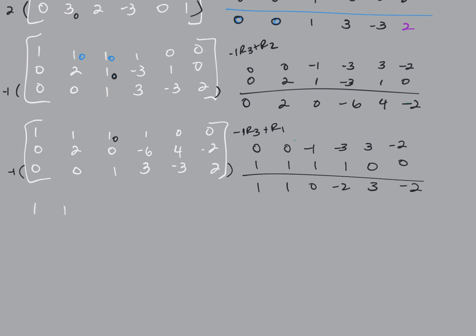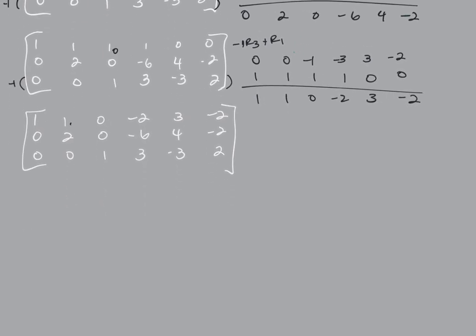Rewrite row 1. Okay, last 0 I need here. Have to use row 1 and 2, right?